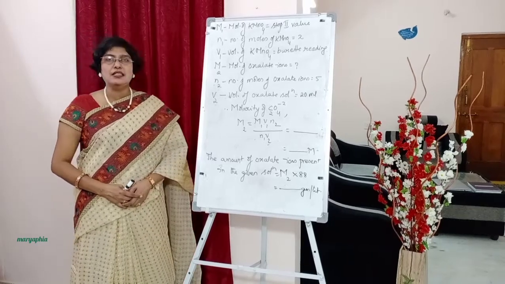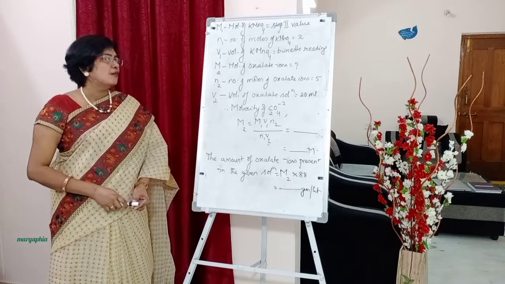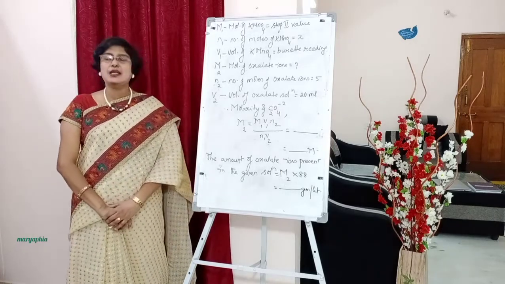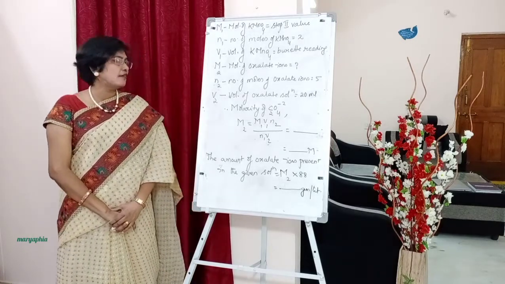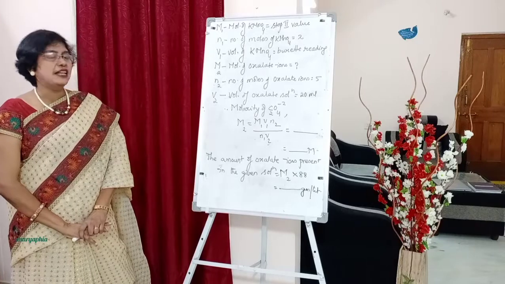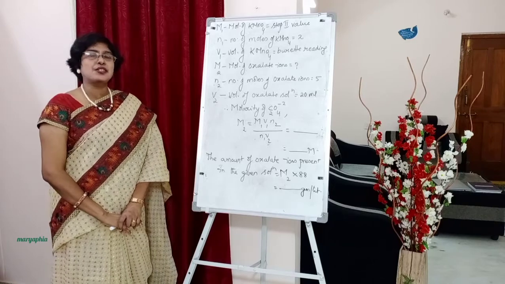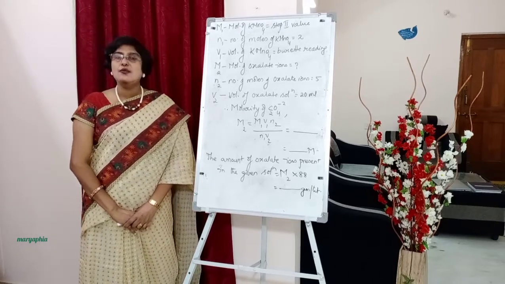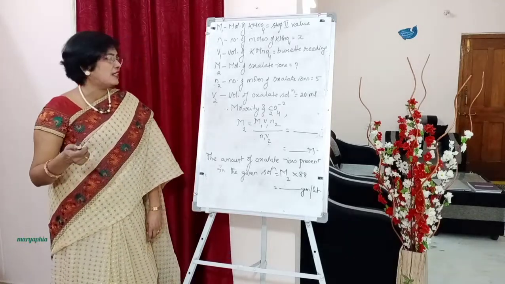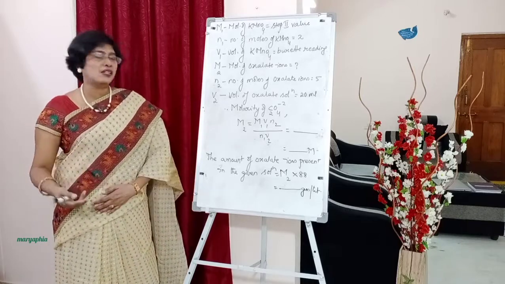So below write down: therefore, molarity of C2O4 2- ions, M2, is equal to, from the formula, M1V1N2 by N1V2 equals. Substituting the values and after calculation, whatever value we get will be the concentration of unknown oxalate ions. Okay students, so from this value we can calculate the amount of oxalate ions.